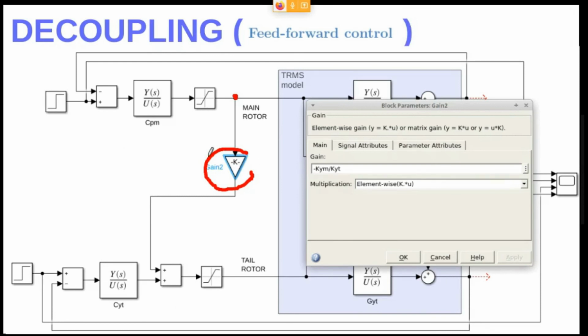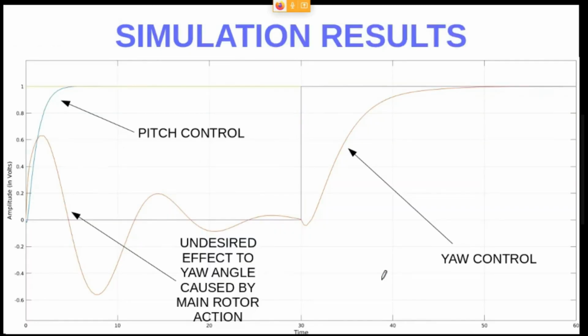And how is this gain configured? Minus K sub Ym, that is the gain of the disturbance, divided by Kyt, that is the static gain of the proper transfer function. As you can see in the simulation results, the effect has been diminished, right?